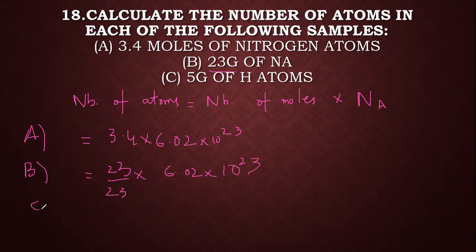In part C, it must be equal to mass in grams, that is 5, and hydrogen 1, multiplied by 6.02 into 10 raised to the power 23. So the answer is 2.05 multiplied by 10 raised to 24 atoms.